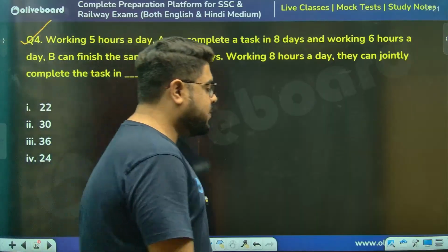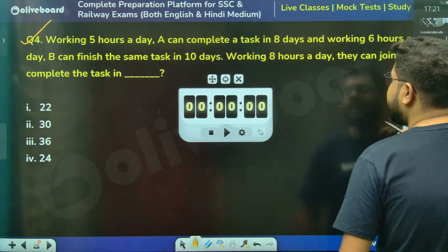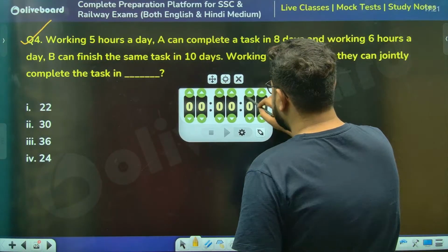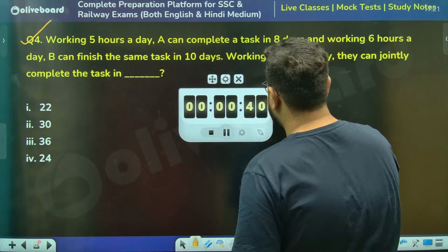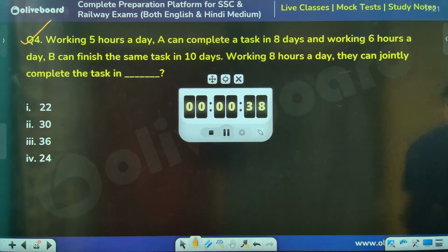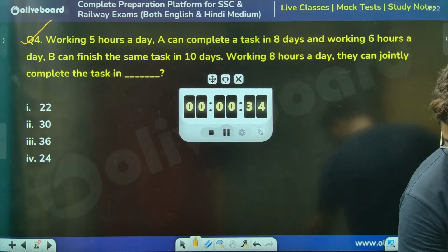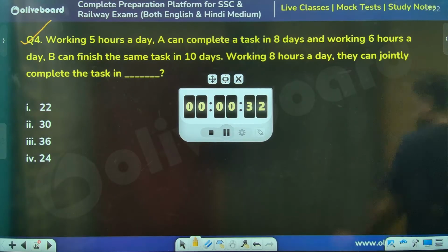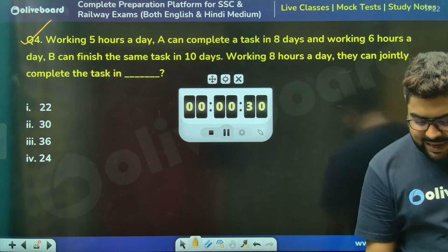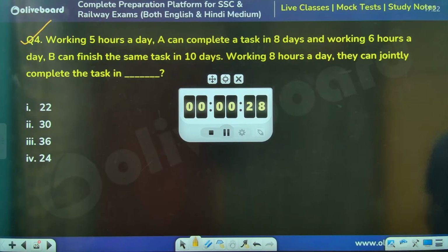Sir, this is a time and work question based on the MDH concept. The concept is MDH, not a masala. Please solve this very, very quickly. And again, I want answers from each and every one of you. Try to solve and give me the answer. It might be wrong, it might be right, doesn't matter.